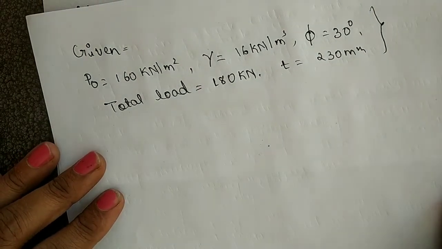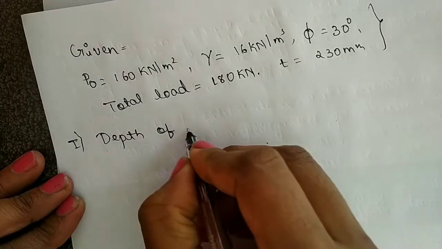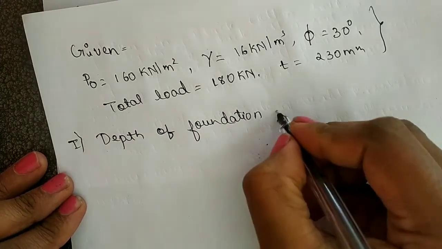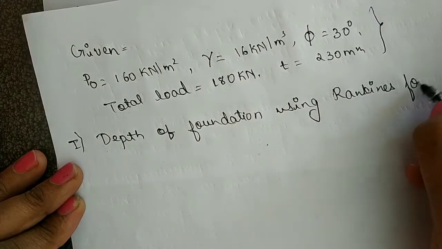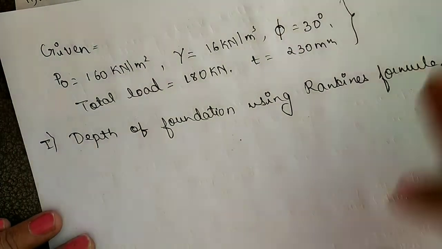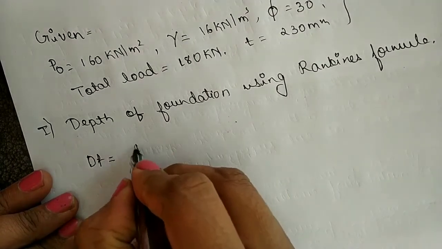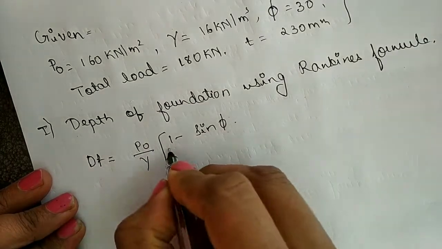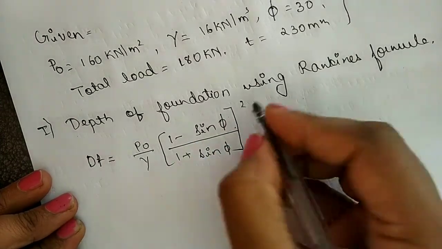While solving the problem, first let us find the depth of foundation. How will you find the depth of foundation? You will be using Rankine's formula. The formula goes like df is equal to P0 by gamma into bracket 1 minus sine phi divided by 1 plus sine phi, the whole square.